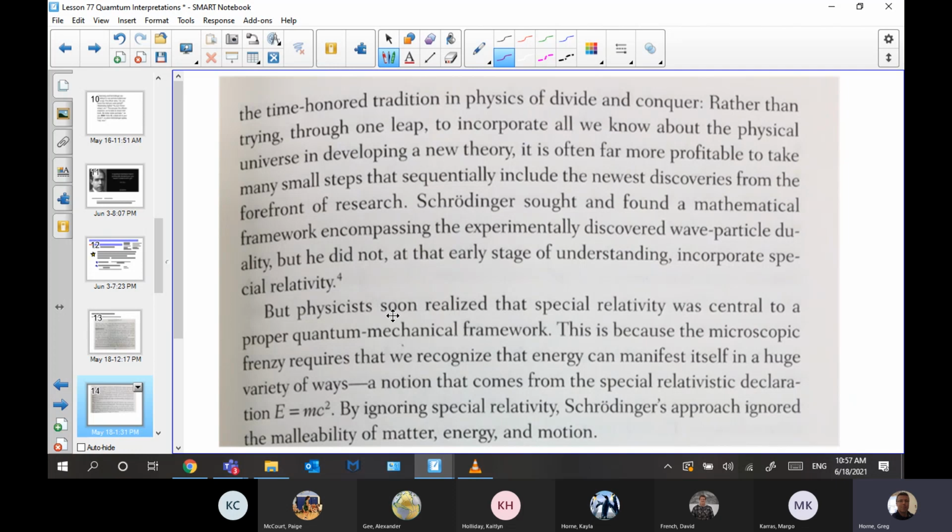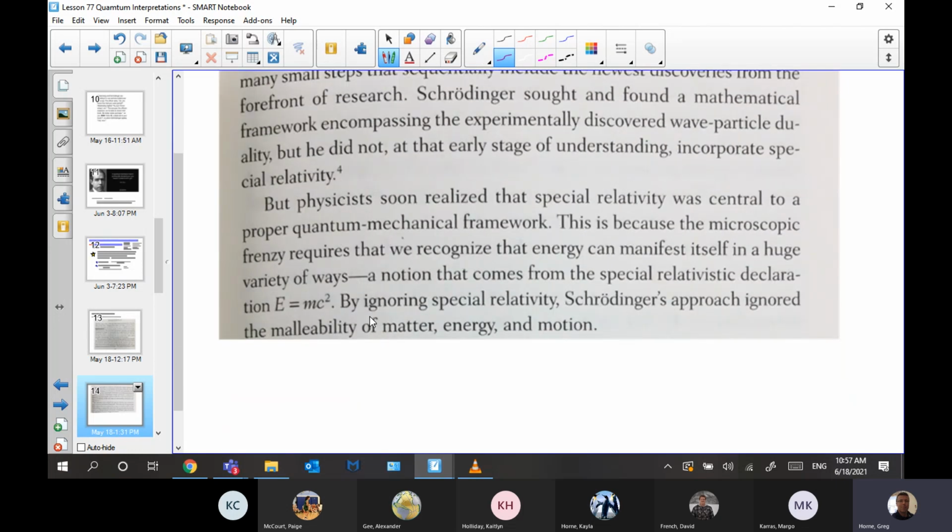You know, you can just basically work on one part that is working and keep going and see what it leads to, right? So Schrödinger sought and found a mathematical framework encompassing the experimentally discovered, but extremely discoverable, wave-particle duality. You can see it in a physics class. But he did not, at the early stage of understanding, incorporate special relativity.